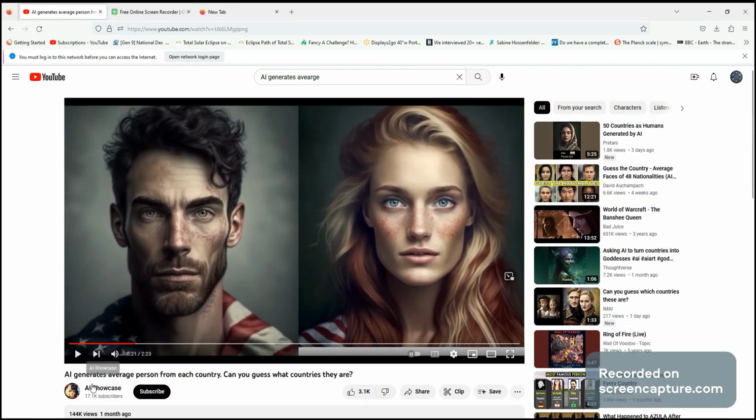Like this AI generates the average person from each country. I mean, this is kind of foolish because the flags kind of tip you off if you're supposed to be guessing. But this is not the average person from each country. These people would look like this is that sort of narrative, right?